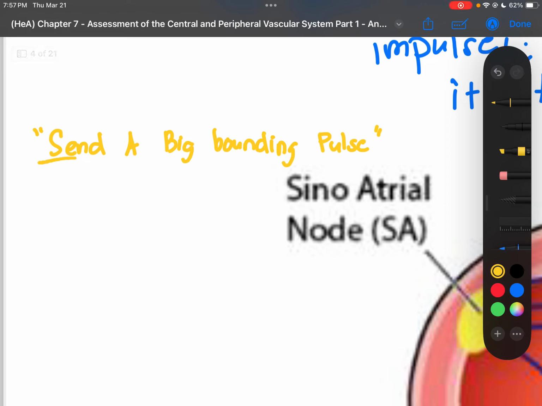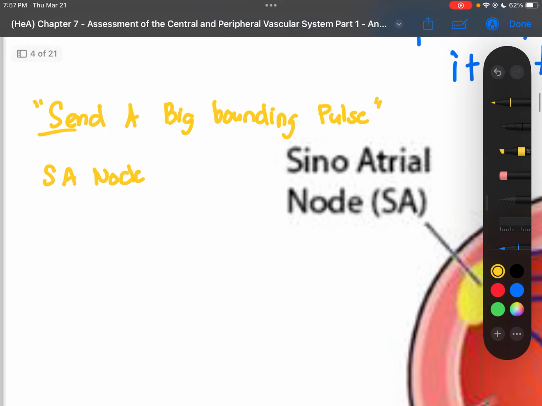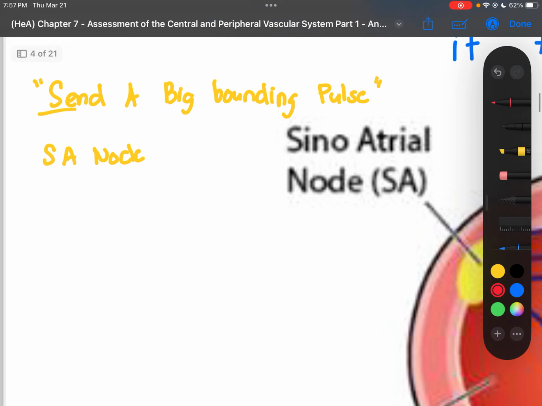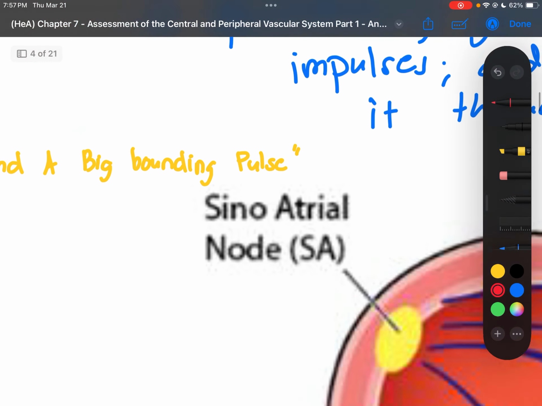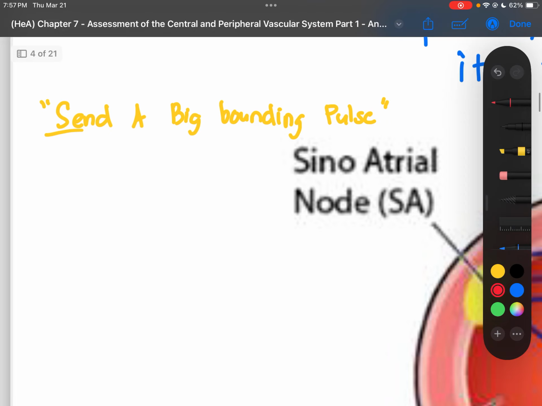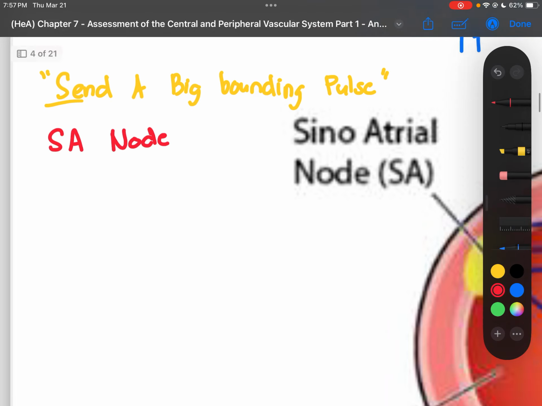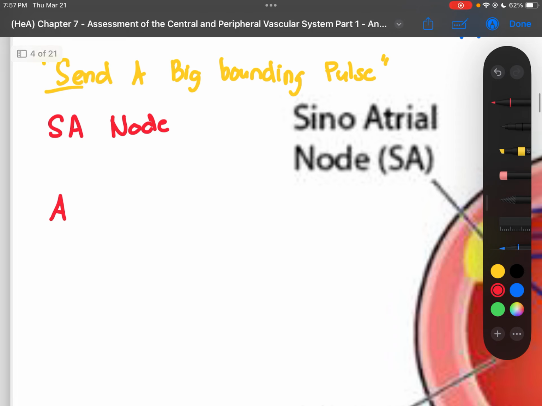So you don't forget, class, S stands for our sinoatrial node, the SA node. Next is our atrioventricular node, the AV node.